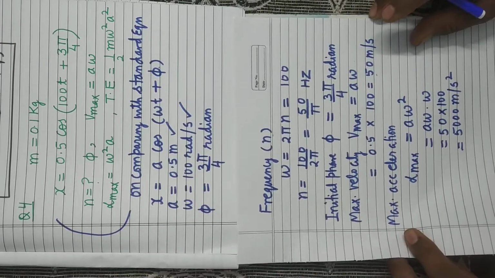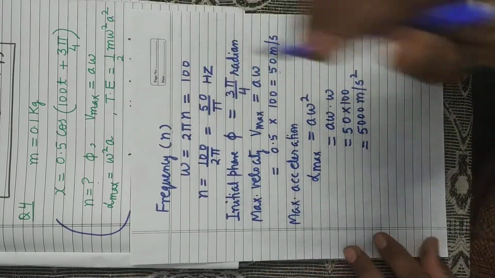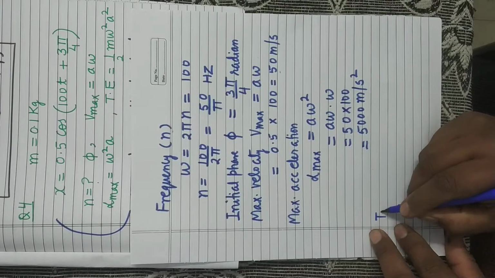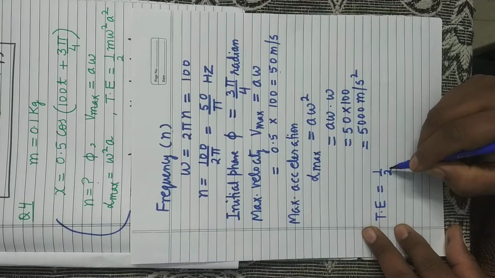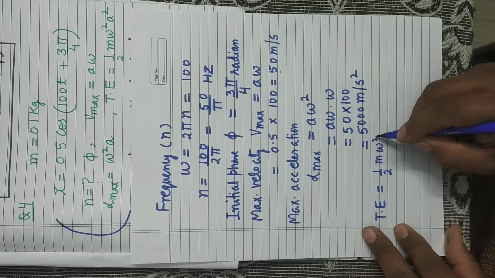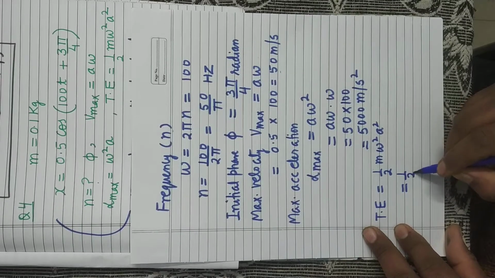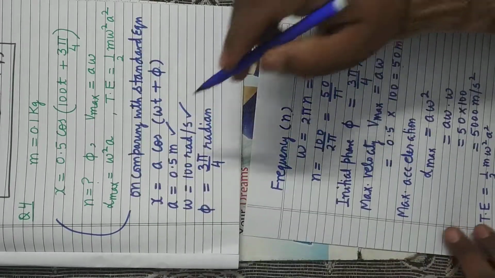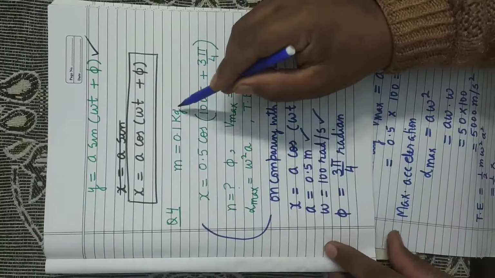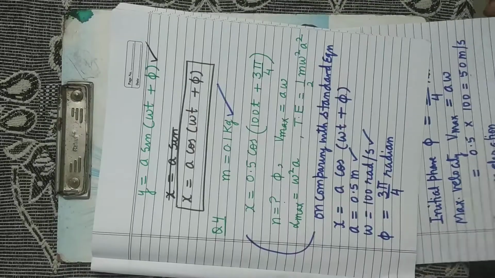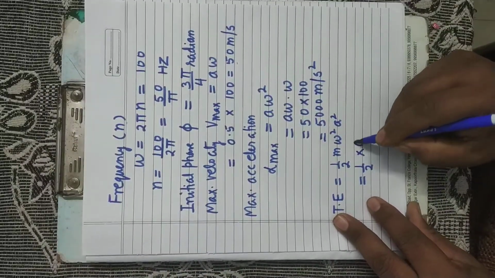And then you have to find the total energy. You substitute into 1 upon 2 m omega square a square. The value of m is 0.1 kg. So you substitute 1 upon 2, 0.1.